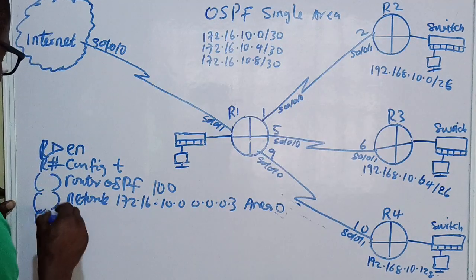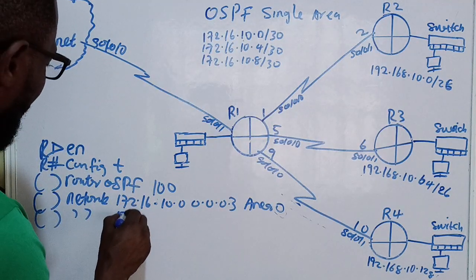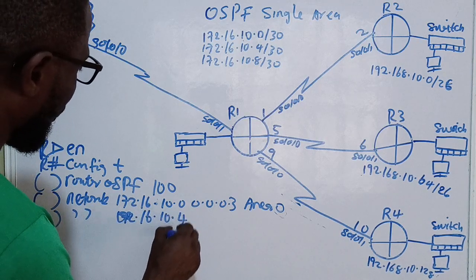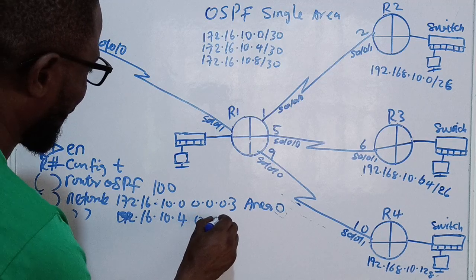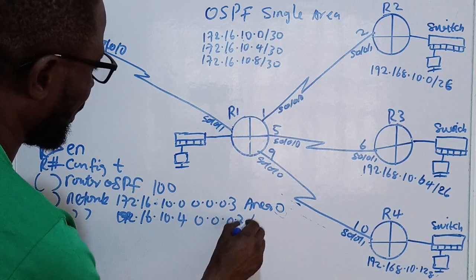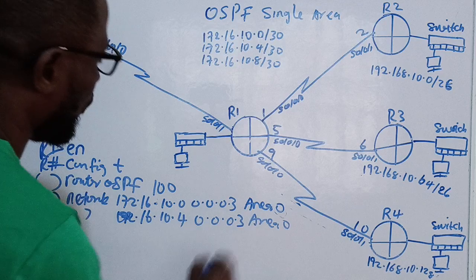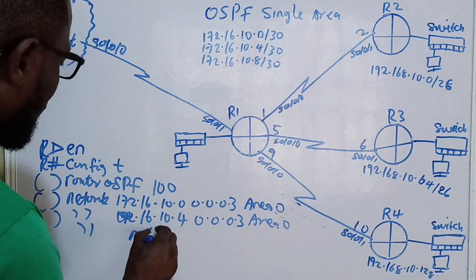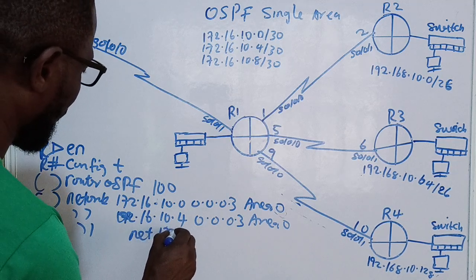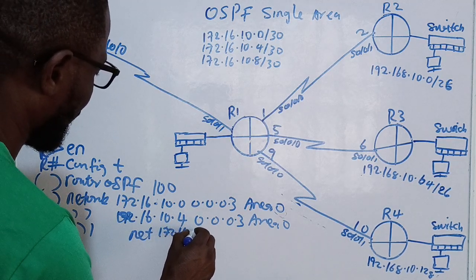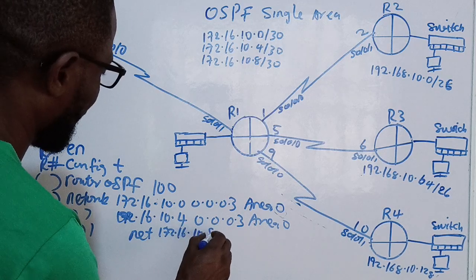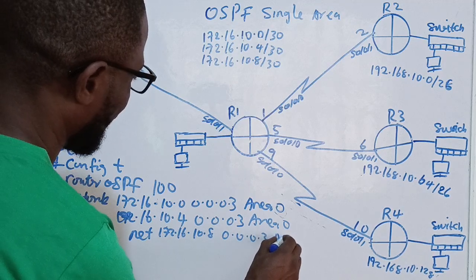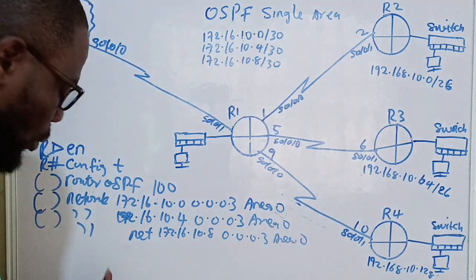You put another one, network 172.16.10.4, with wildcard mask 0.0.0.3, area 0. Then network 172.16.10.8 0.0.0.3 area 0. So that's it.